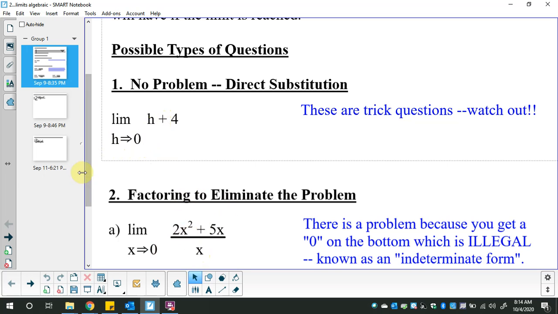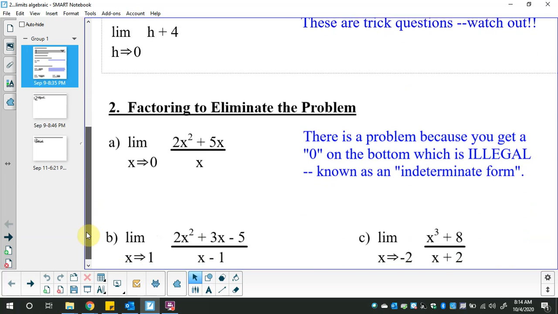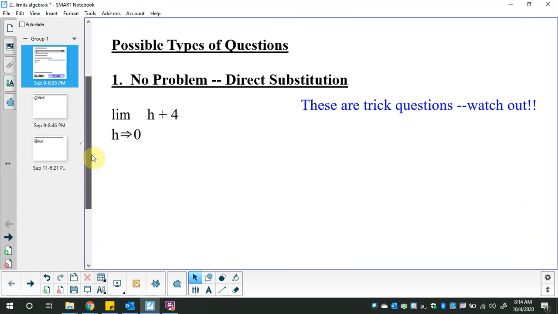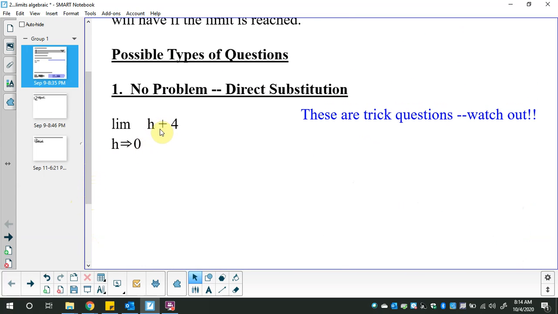But sometimes there's trick questions. Sometimes I just give you a question where there's no problem with you substituting this in. And these are the hardest questions because you're expecting heavy-duty math and nothing happens. So with this one, and I'll do this in black, you have limit as h approaches 0 of h plus 4, maybe in brackets, maybe not, depending on the teacher and the textbook.